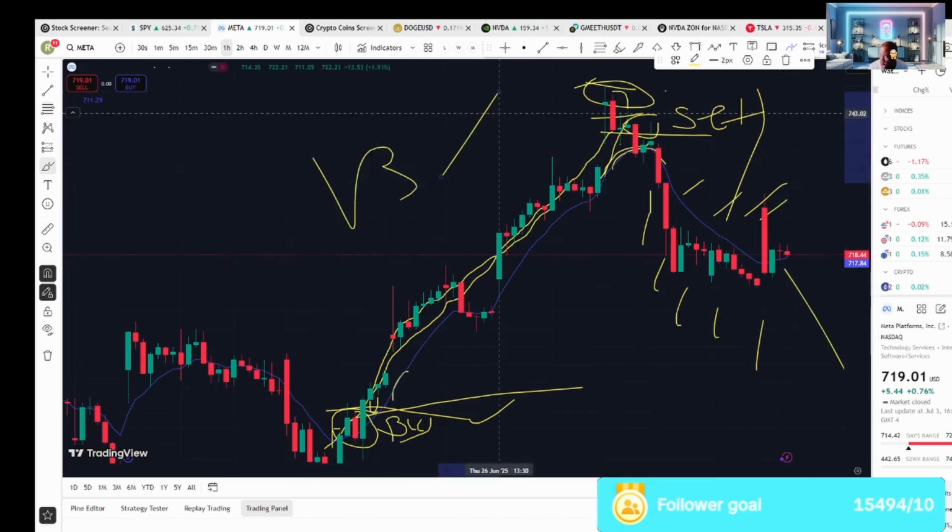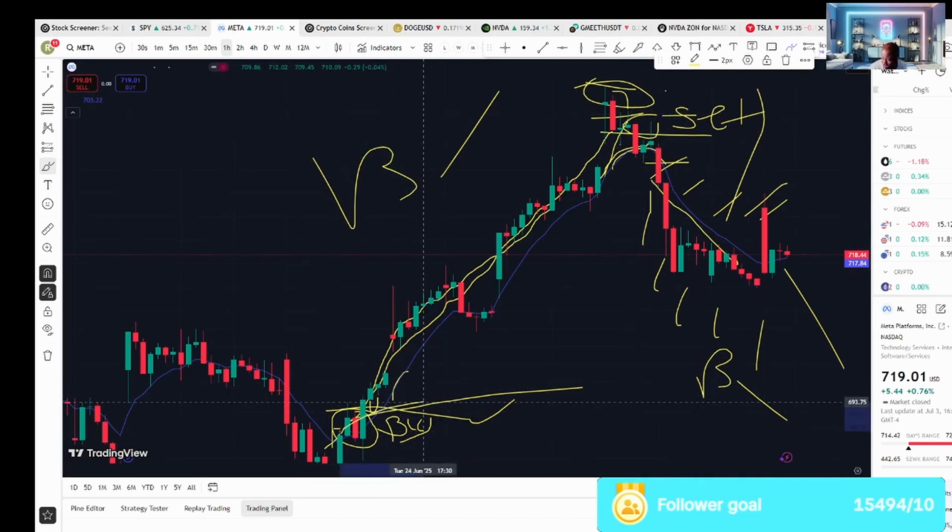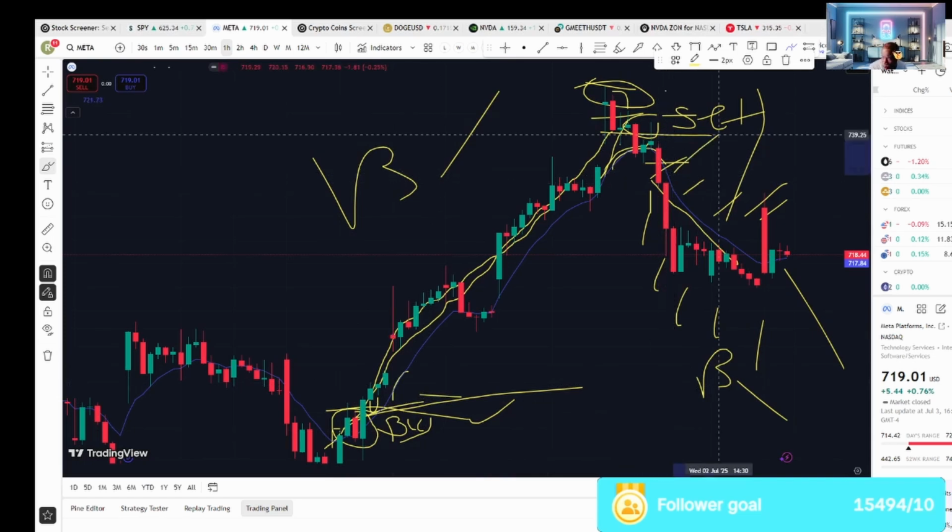Bulls, bullish, bearish, down. So now the stock is bearish, you get out. You bought there because the moving average is below and the price is above. And as soon as you see the moving average is now above and the price is below, you sell. You got it now? That's the way.